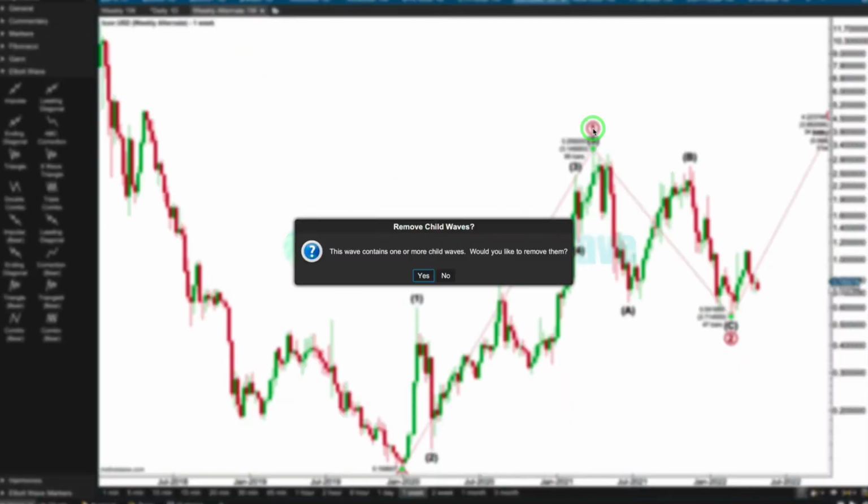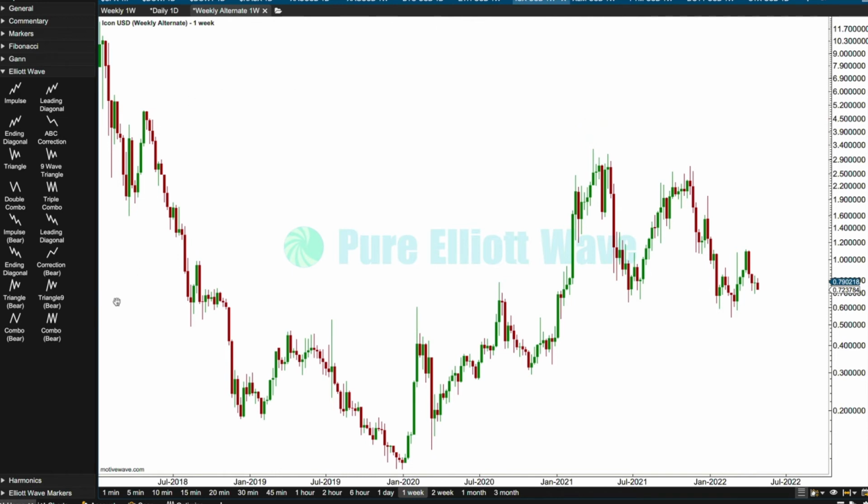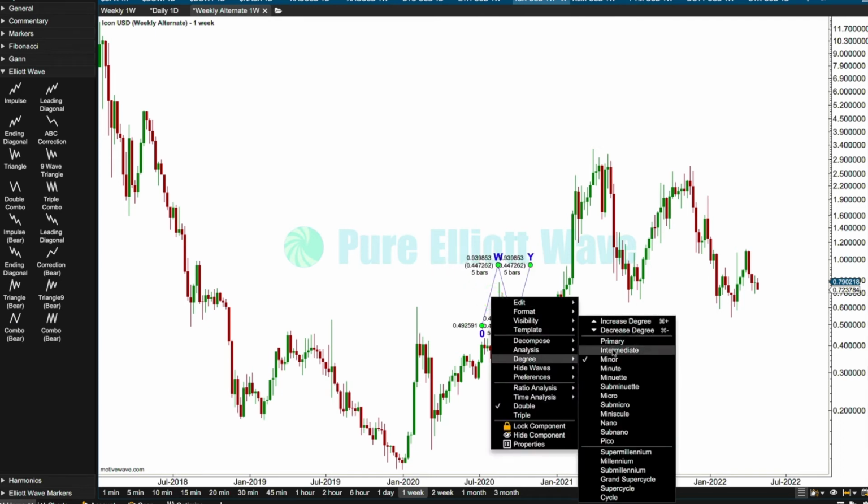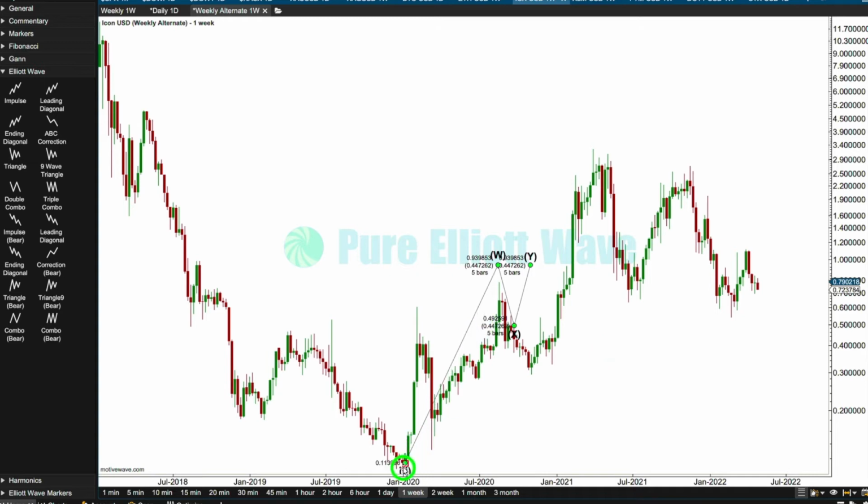Yeah, no, let's just get rid of all this. I would have this at intermediate degree, and I think I can see this as a zigzag and this as a zigzag.